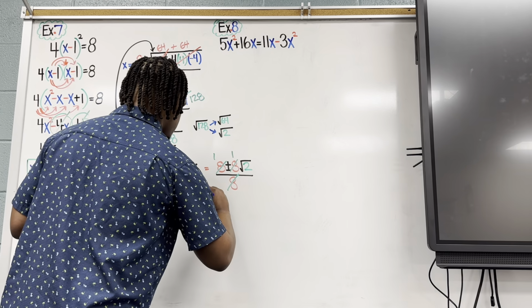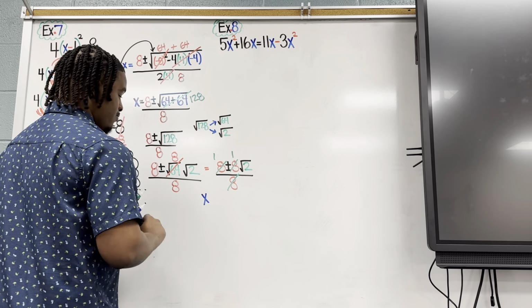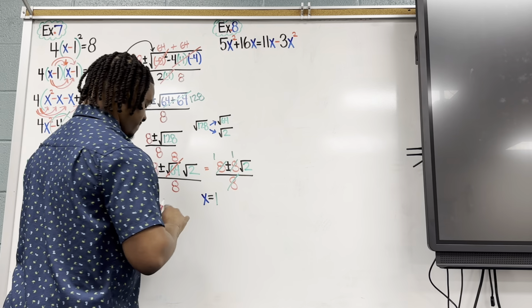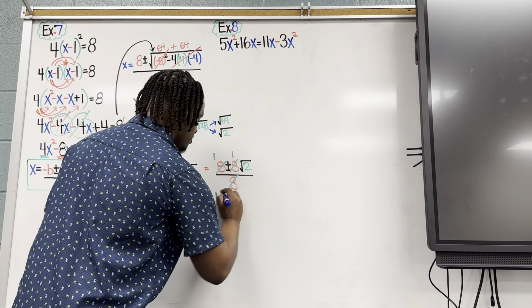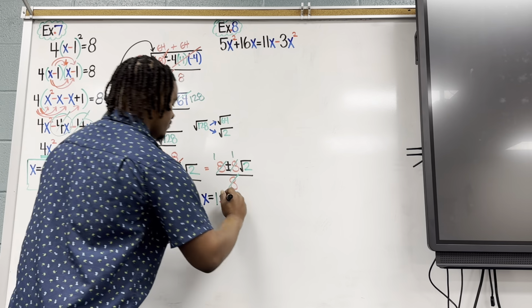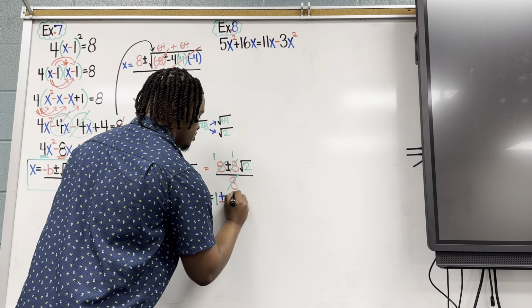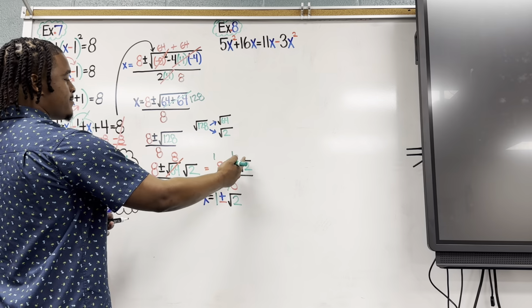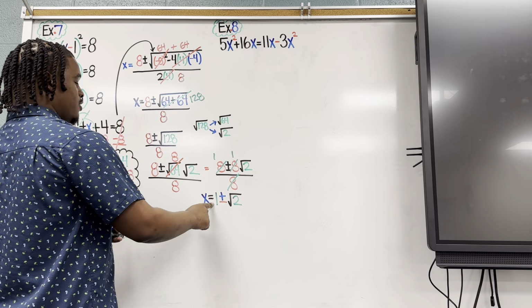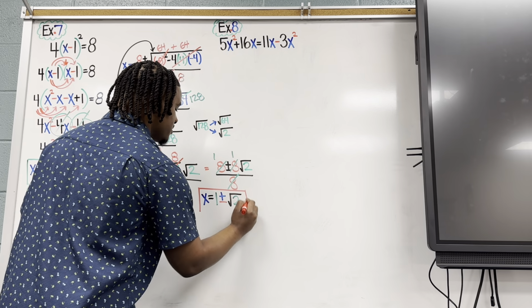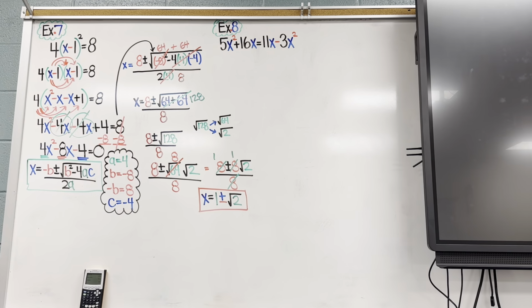So x will equal these two particular values: 1 plus or minus radical 2, because 1 times radical 2 is just radical 2. So it simplifies to this final answer: 1 plus or minus radical 2.